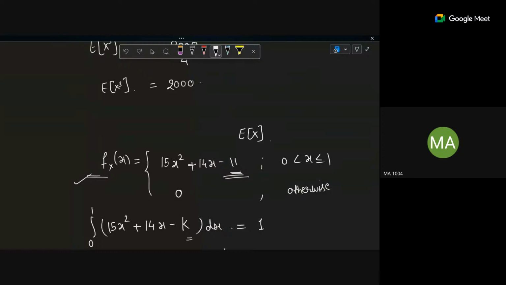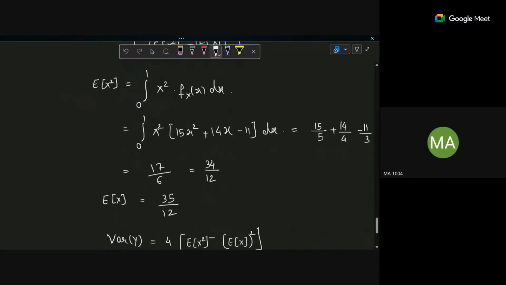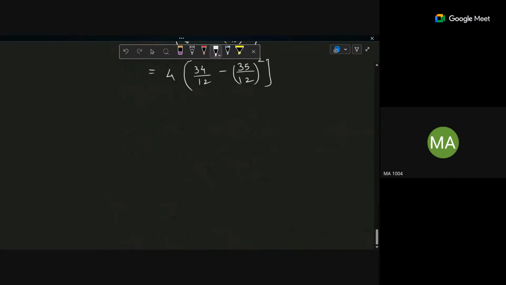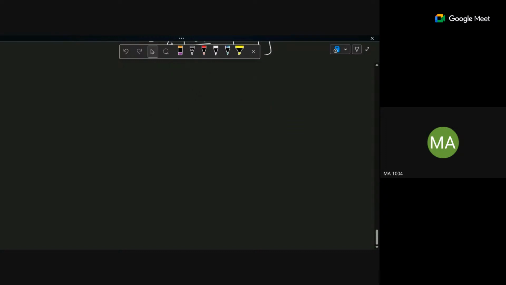Here, we just find k and put that value, and now it's creating a problem. So this is just a calculation part, but just take note that variance cannot be negative. Okay, let's move to the next question.